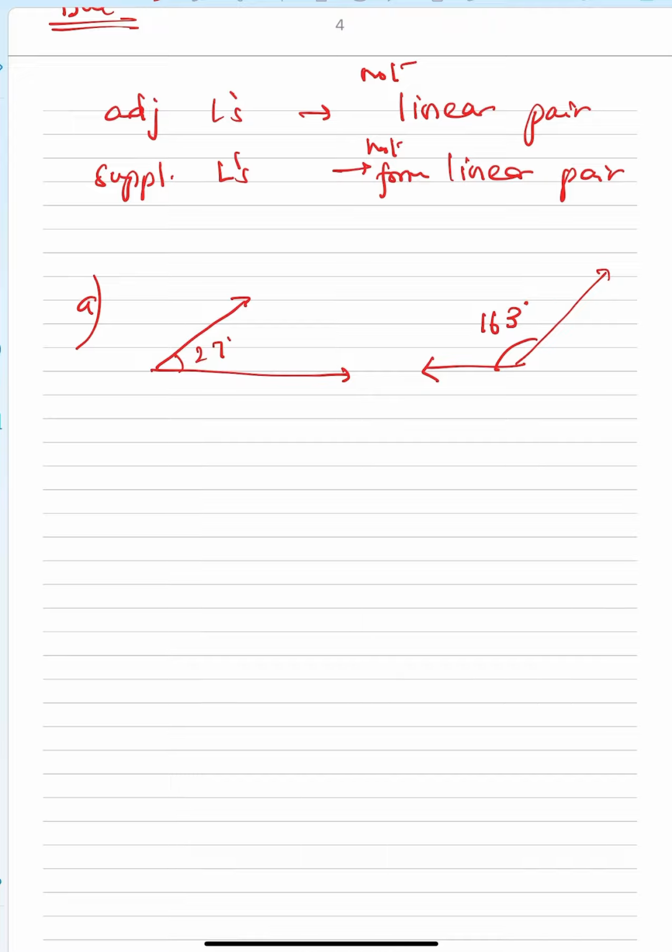Are they forming a linear pair? 163 plus 27 is 190, which is not equal to 180. So we can say it does not form a linear pair. Why? Because two angles may form a linear pair only when the sum of angles is 180 degrees. So for a linear pair we should have measure equal to 180 degrees, but that doesn't mean that supplementary angles are a linear pair, but a linear pair are supplementary angles, that we know.